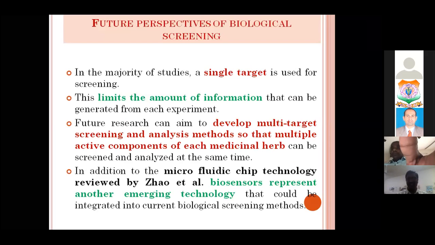As future researchers, we can develop a multi-target screening and analysis method so that multiple active components of each medicinal herb can be screened and analyzed at the same time. That is the reason some new technologies have come, such as microfluidic chip technology, and others have reviewed biosensors as another emerging technology that can be integrated into screening methods.